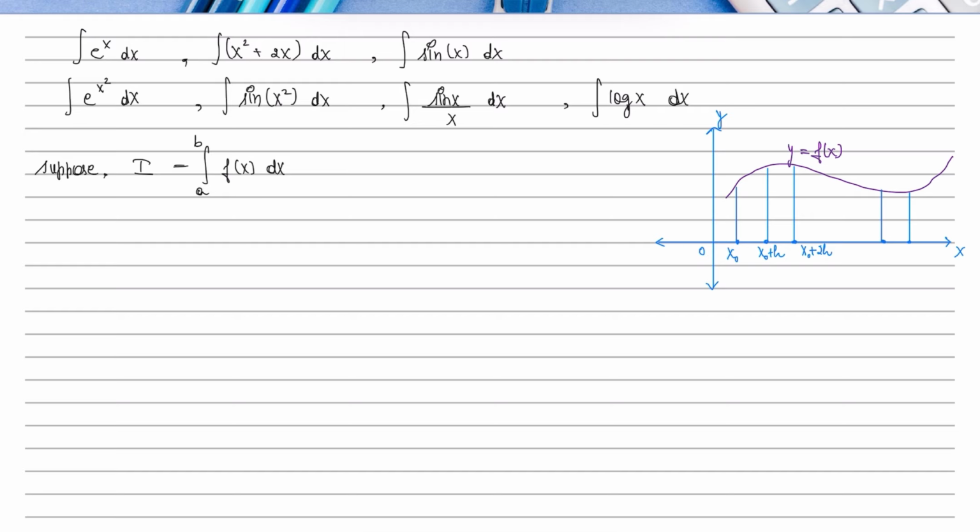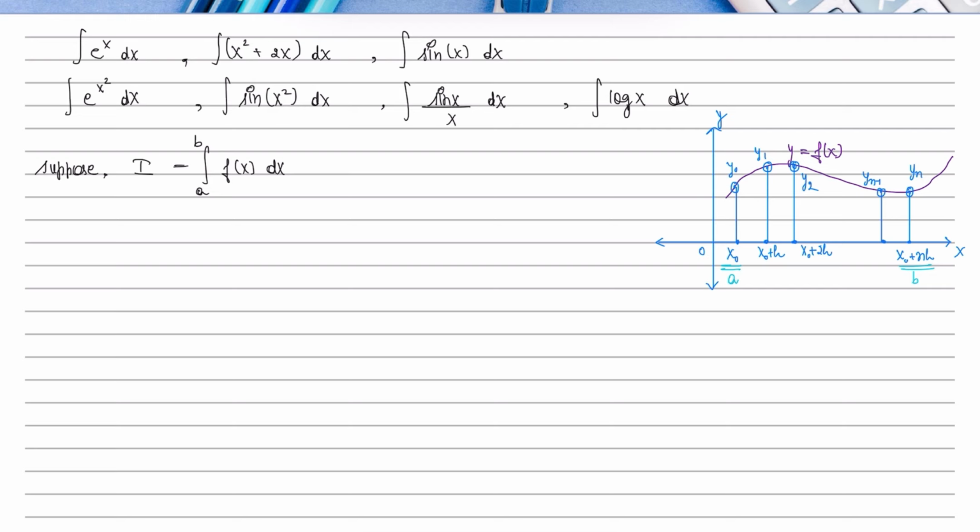Similarly, going on, the last point will be x naught plus n times h, and the corresponding points on the function will be y naught, y1, y2, yn minus 1, and lastly yn. The point x naught is nothing but initial point A and this last point B.